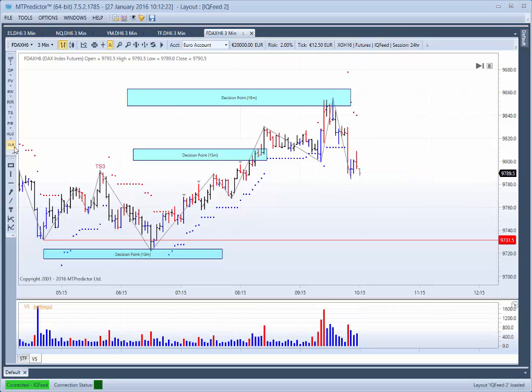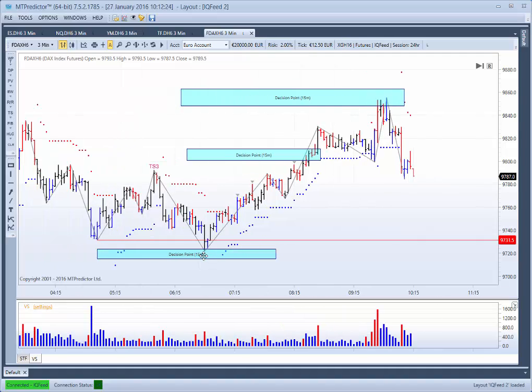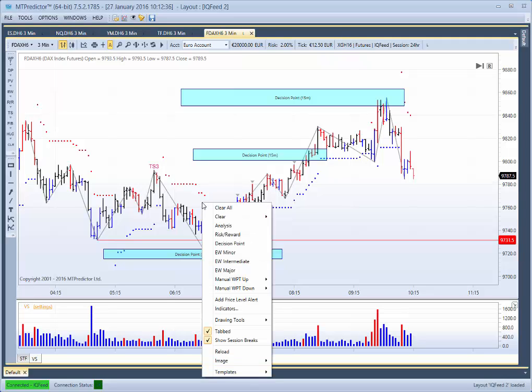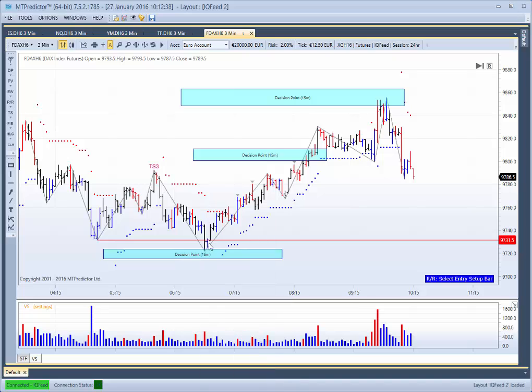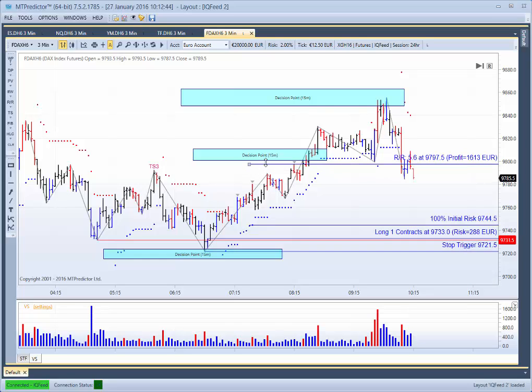But that's what I wanted to show here, in that the large degree trend off this low here, there's your higher time frame support, there's your move up into at least your next 15-minute resistance, and it went on to the next one there. But the point being is that our VS setup, which we had initially here, came in at not only DP support off that initial low, but also at a higher time frame 15-minute support.